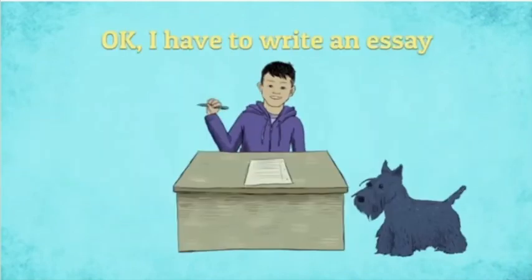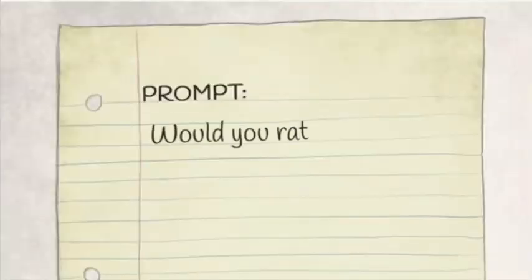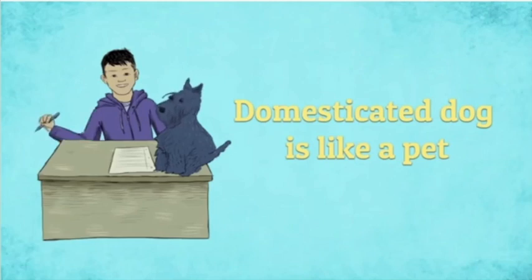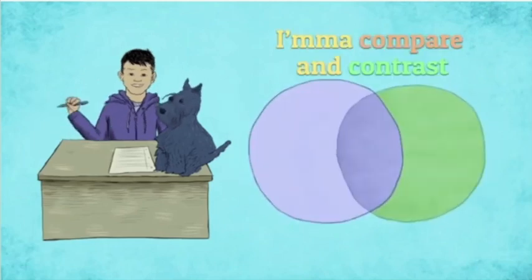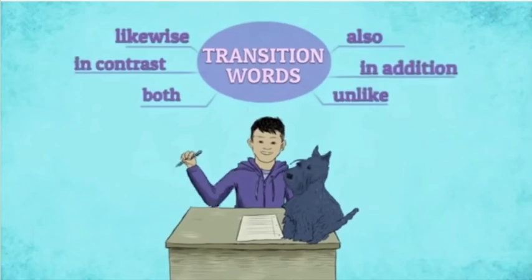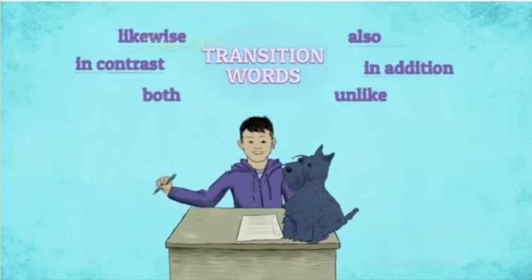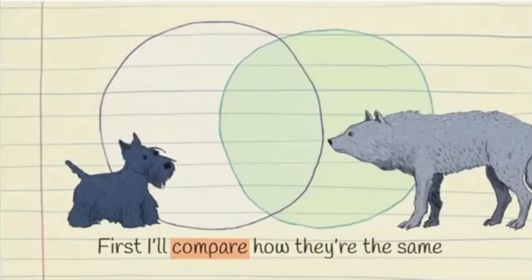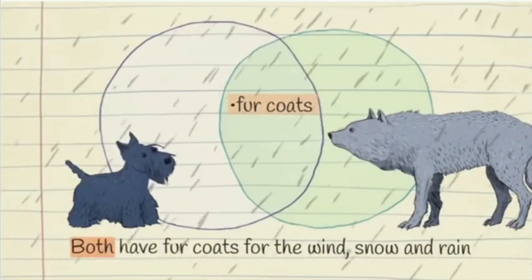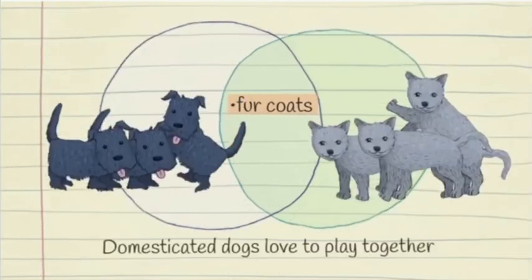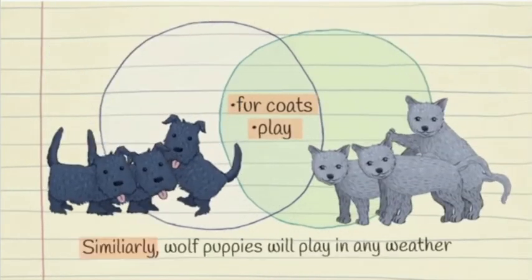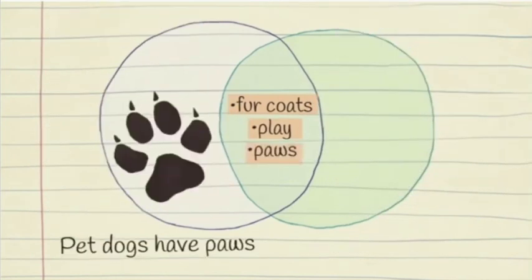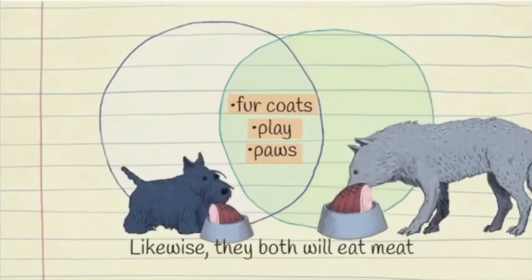You get okay? I have to write an essay. Here's the prompt. Would you rather be a wolf or a domesticated dog? Domesticated dog is like a pet. I'm gonna compare and contrast. That'll help me think. I use transition words to help my readers know that I'm comparing and contrasting. Here we go. First, I'll compare how they're the same. Both have fur coats for the wind, snow, and rain. Domesticated dogs love to play together. Similarly, both puppies will play in any weather. Pet dogs have paws, wolves do as well. Likewise, they both will eat meat.